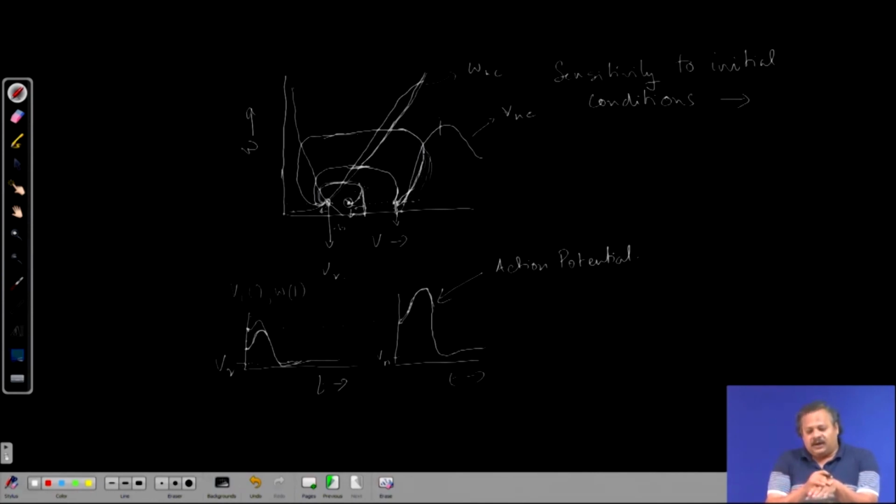So, this is one of the properties of these kinds of nonlinear systems. Similarly, we have another property of nonlinear systems, which is again going into oscillations, which we will start to discuss in our next class. Thank you.